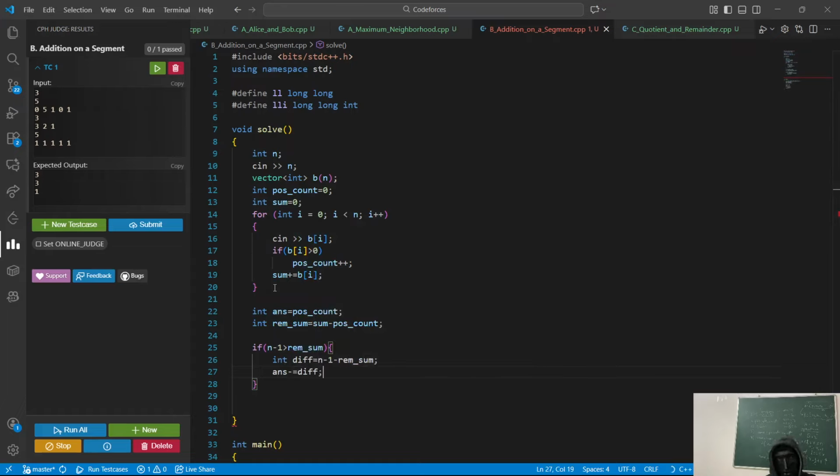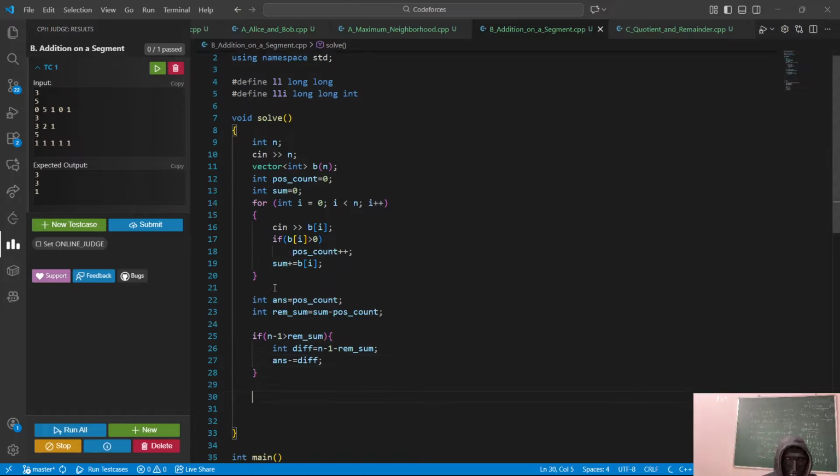It's like you have taken more positive values together, so we'll have to separate out some values to let them be increased in other operations. And at the end we'll display the answer.